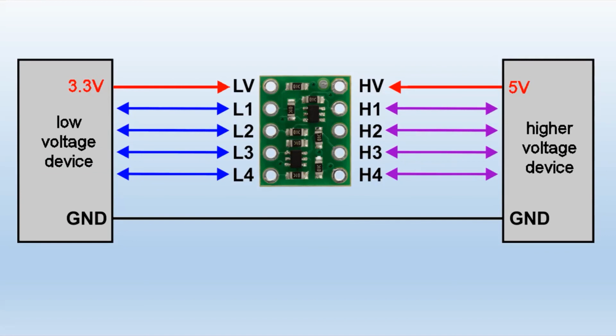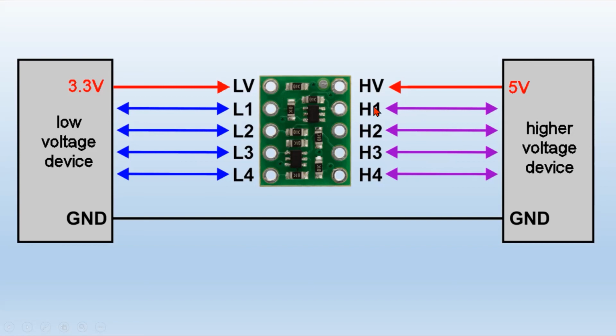We're trying to connect together 2 devices, one with a lower voltage and one with a higher voltage. I'm just using the example of a 3.3 volt module on the left-hand side and a 5 volt module or circuit on the right-hand side. So what we do is we connect the low voltage to the pin that's marked LV. We connect the higher voltage to the pin marked HV. And it now knows that any changes that occur on L1 will be reflected onto H1.